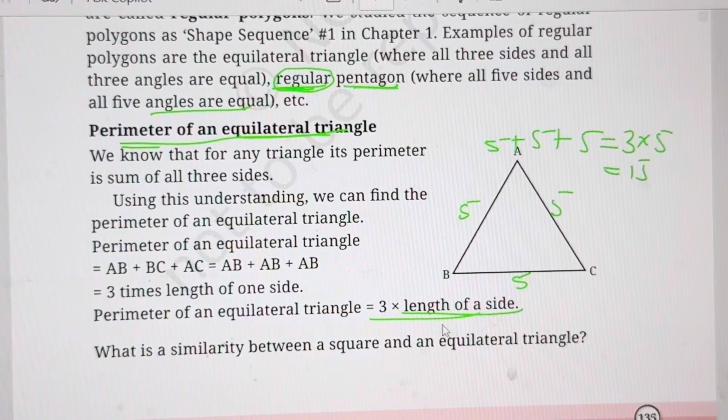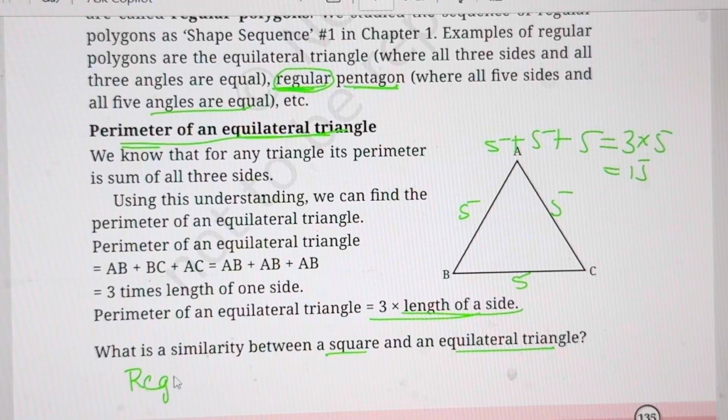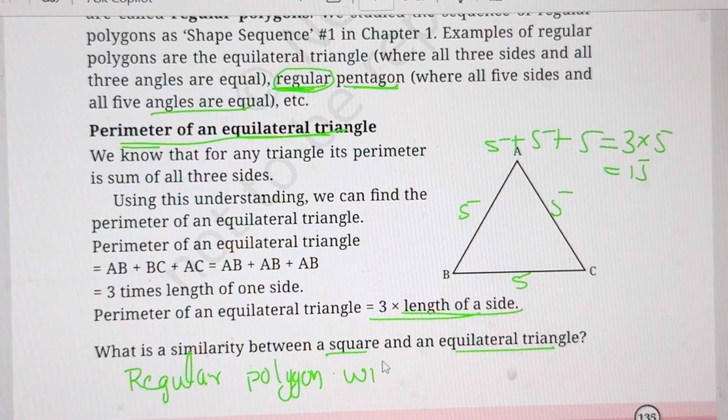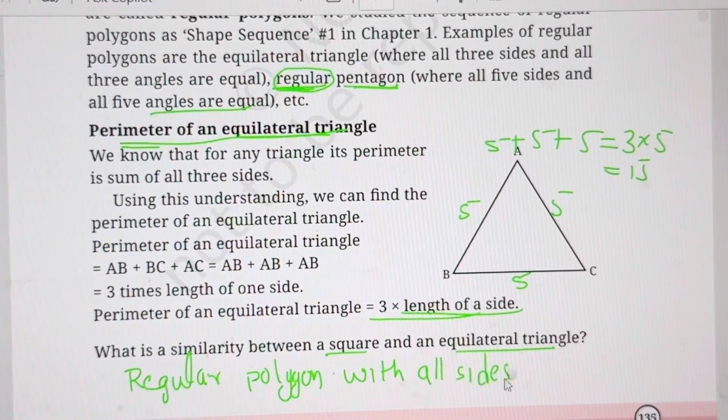Okay. Now there's a question asked: what is the similarity between a square and an equilateral triangle? Both are regular polygons, because all sides and all angles are equal. Both are regular polygons with all sides and all angles equal.